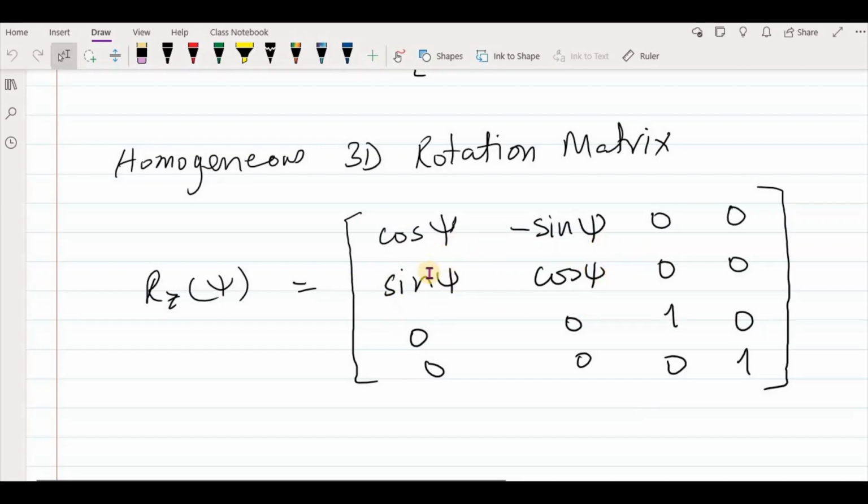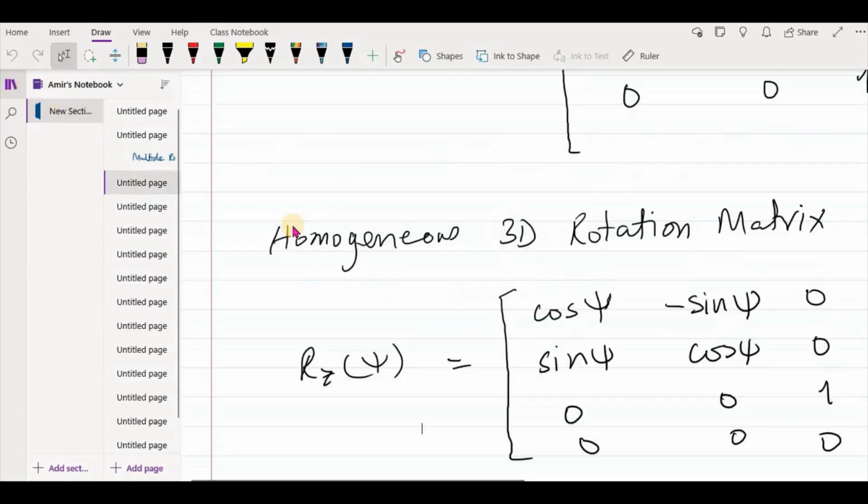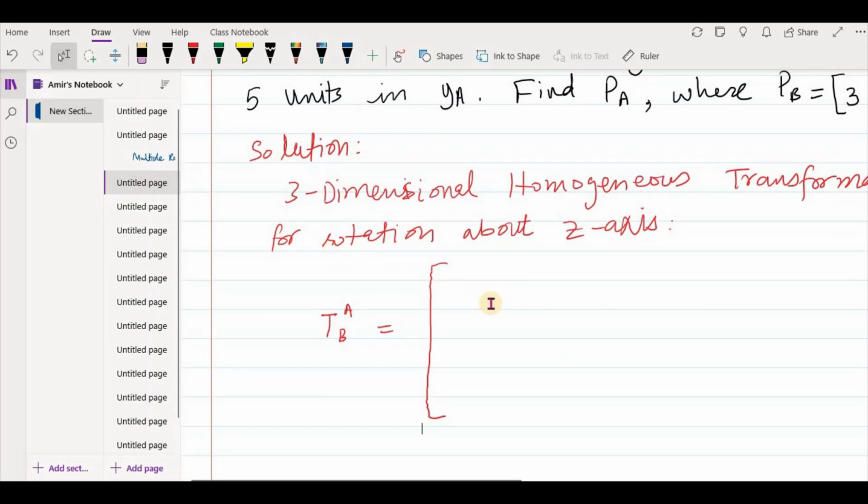But this is only a rotation matrix, and if you remember, for the transformation we have the displacement values here, for example about the x, y, and z axes. And this here is only the rotation matrix, and if you want the transformation matrix, then you have to write down here also the values of your displacements along the x and y axes.